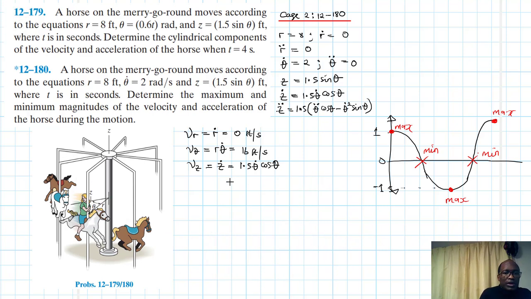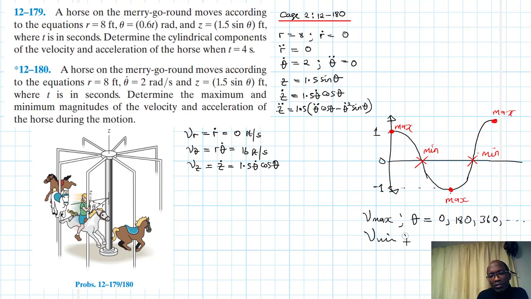So right now we are looking at the speed with respect to the z-axis. So we'll have the maximum. If we are to write down here, for v max, this will happen when theta itself is equal to 0, is equal to 180, is equal to 360, and so on and so forth.